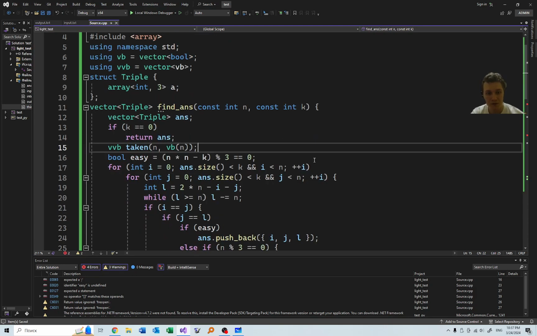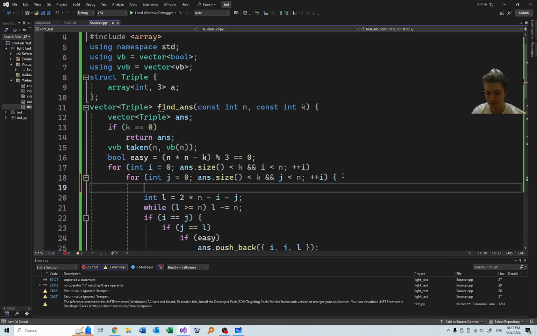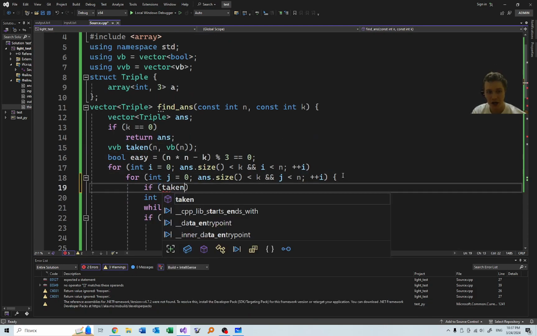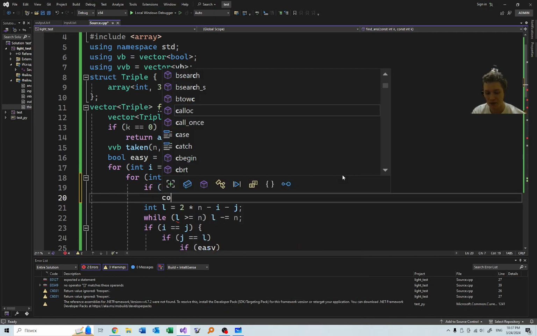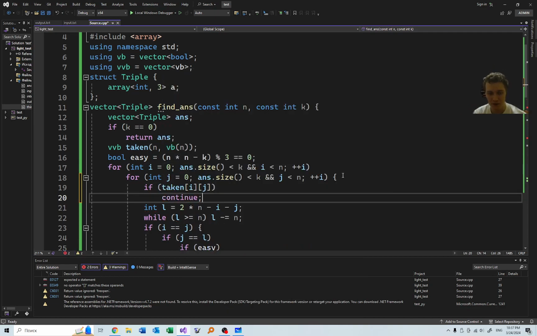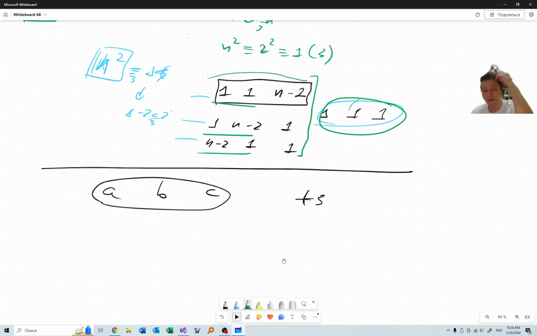So first of all, if ij is already taken, then continue. So that's it. Via this method, we will skip triples if we don't need them.